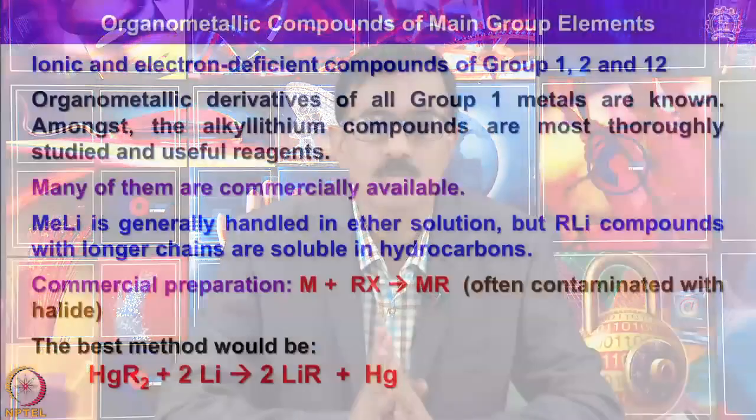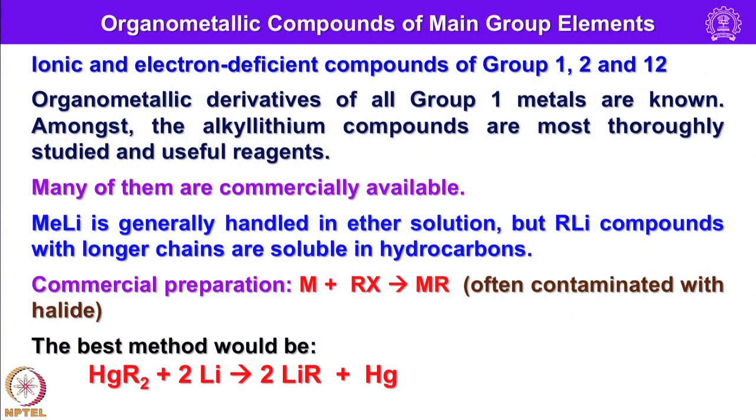Now, let us look into the ionic and electron deficient compounds of group 1, 2 as well as group 12. Organometallic derivatives of all group 1 metals are known. Amongst them, alkyl lithium compounds are the most thoroughly studied and useful reagents.